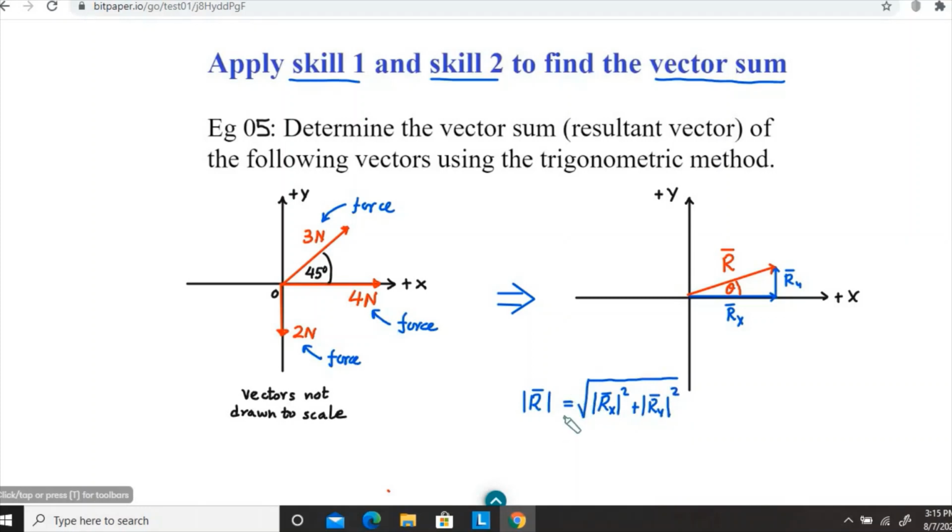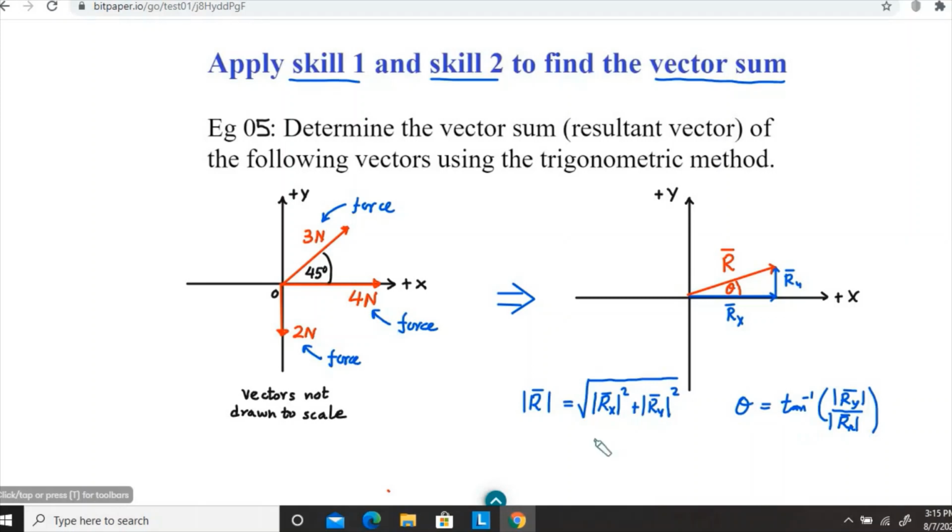So solving this would give us the magnitude of the resultant vector, and then theta is equal to the inverse tangent of the magnitude of the Ry vector over the Rx vector.